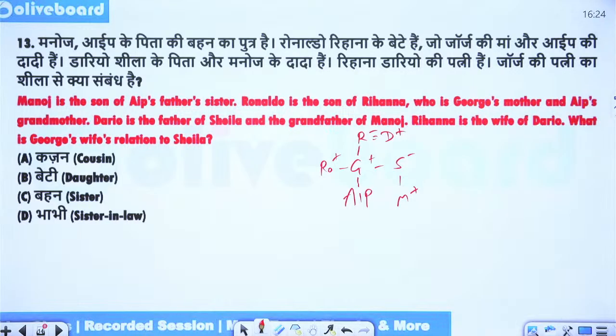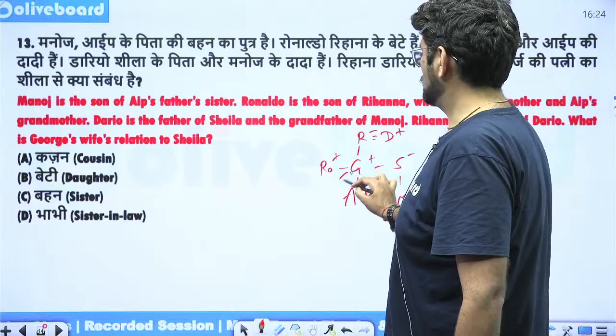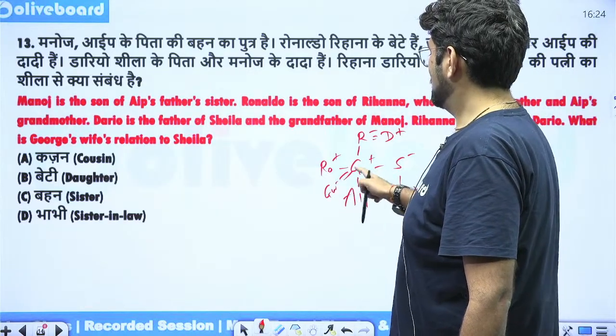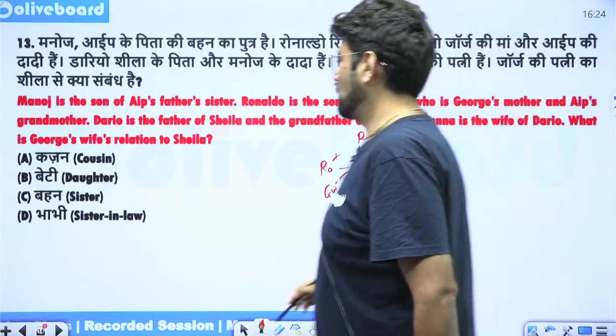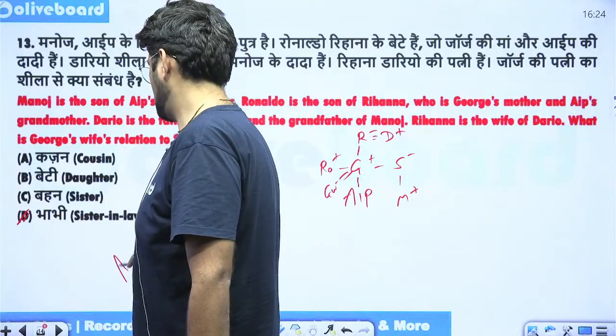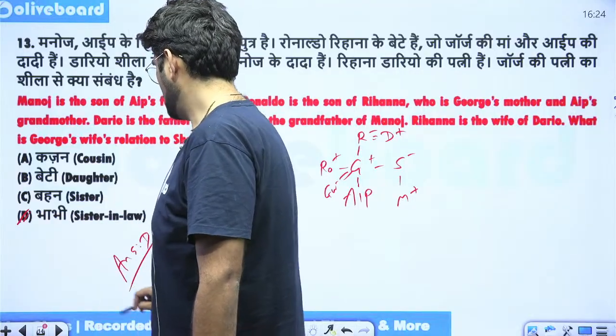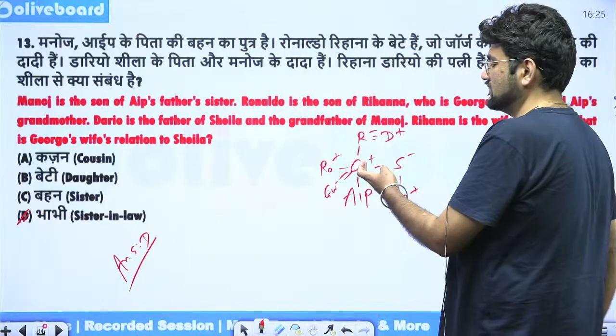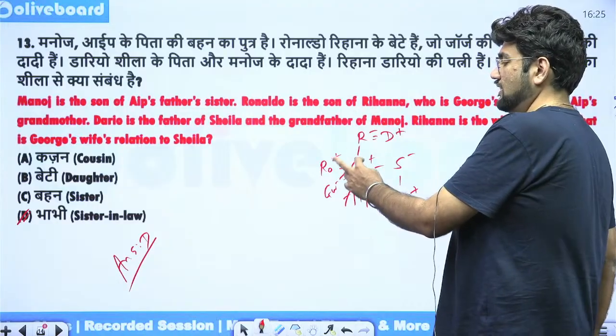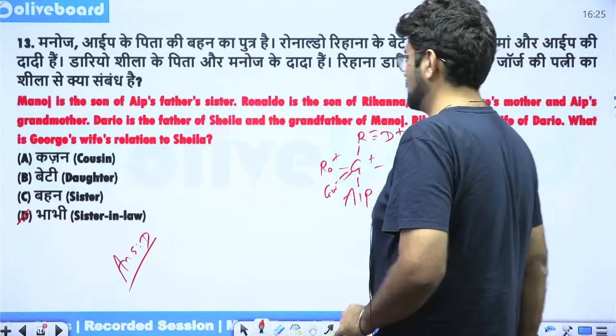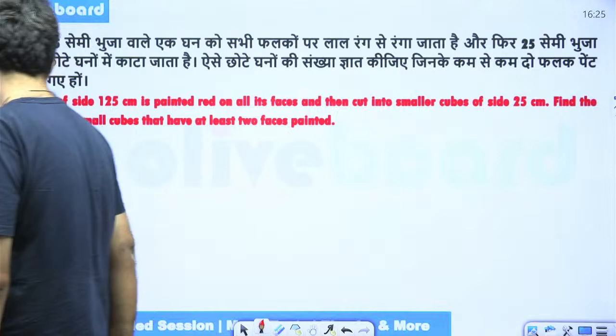What is George's wife's relation to Sheila? If this is George's wife, she will be Sheila's sister-in-law. Option D. Okay. Even if they flip, maybe Ronaldo is AIP's father. That is also possible. Even in that case, George's wife will still be the sister-in-law of Sheila. Next.